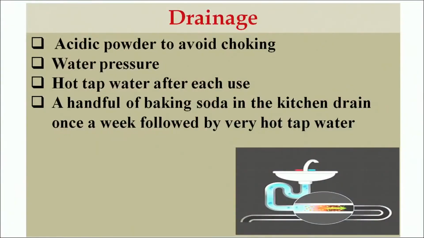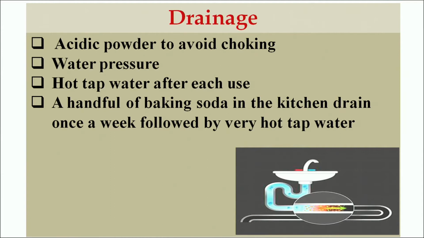Now let's see how we can maintain a drainage facility at our premises. We need to use acidic powder to avoid choking. We need to maintain the water pressure so that a uniform flow of water can be maintained. We need to run hot tap water after each use.